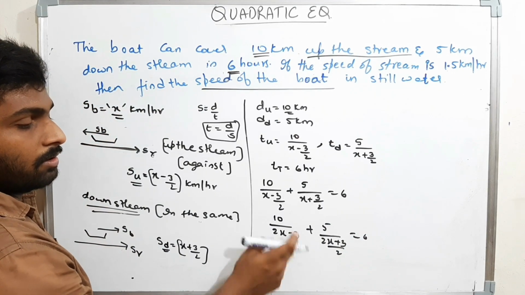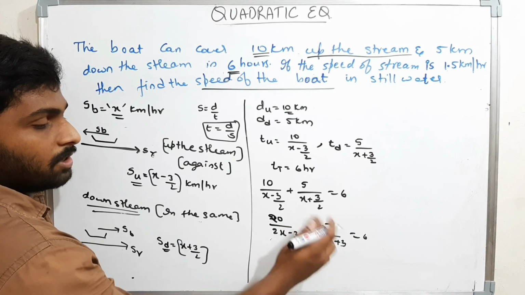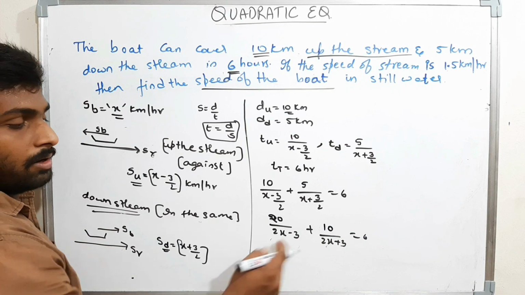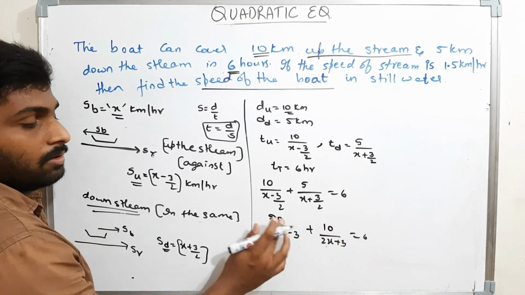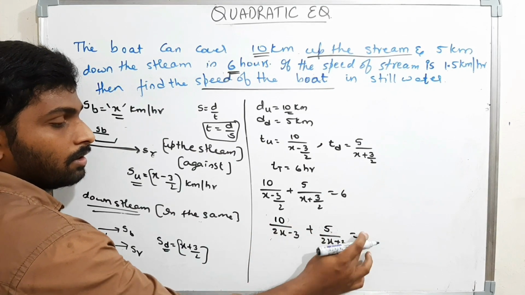Now send this to the upside. Then it will become 20, and if I send this to the upside, it will become 10. Now what will happen? Cancel 2 on all the sides: 2 10s, 2 5s, and 2 3s.